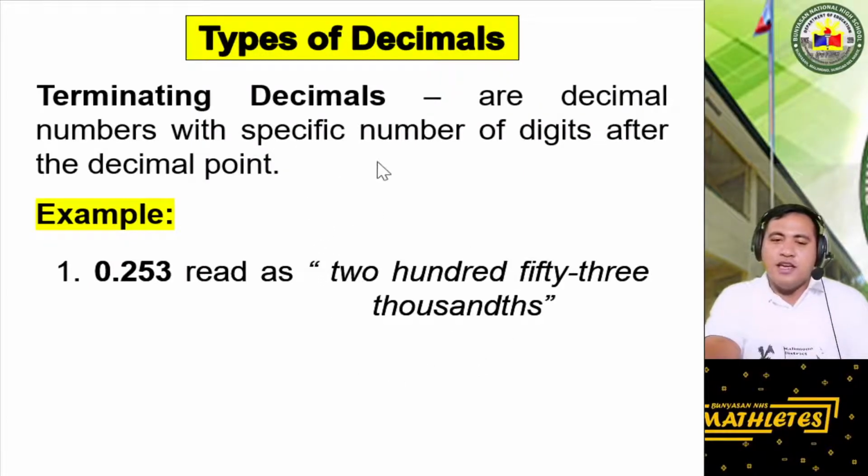This is an example of a terminating decimal because it has a specific number of digits after the decimal point. There are 3 digits after the decimal point, and nothing continues after that. So, that is what we call terminating.